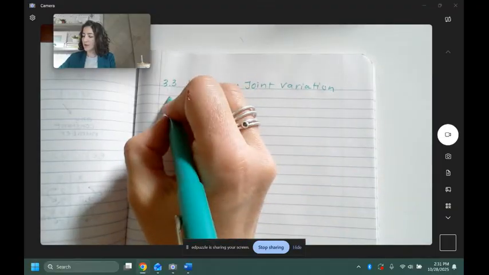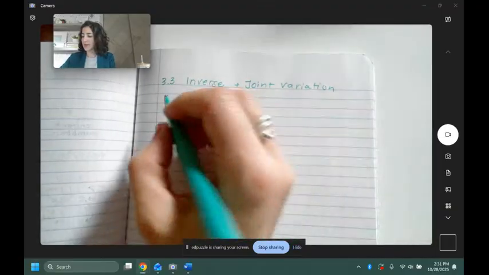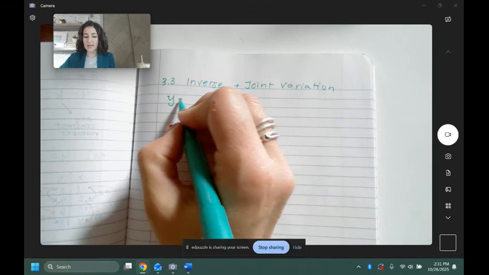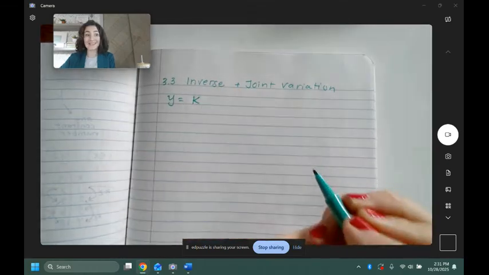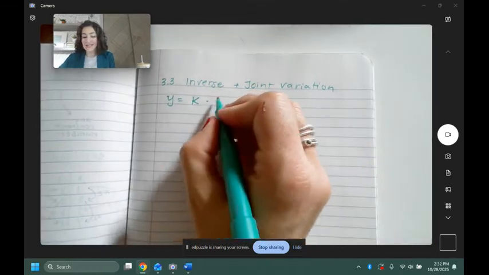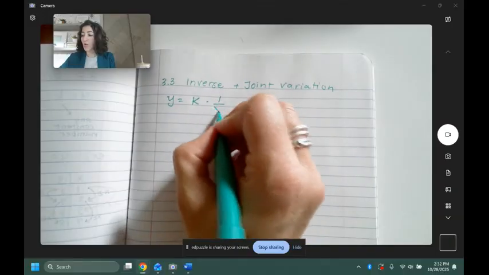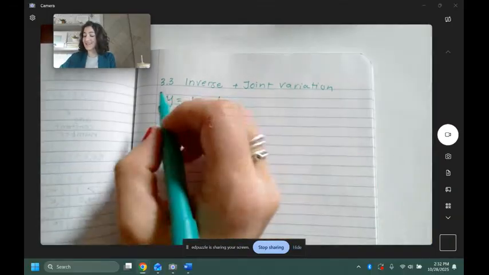So inverse looks like this. Y equals any constant k, that's the same, times 1 over x.